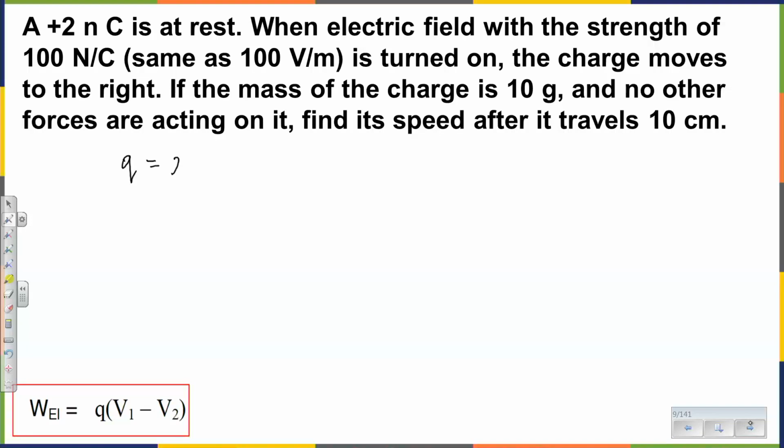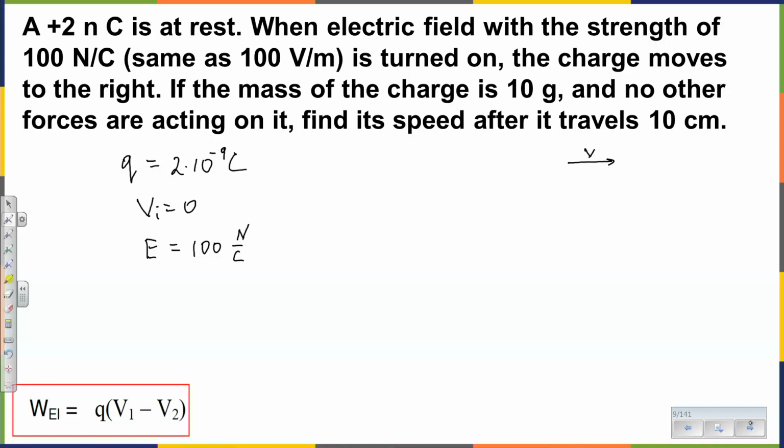Charge. At rest. Electric field strength. Okay, it moves to the right.